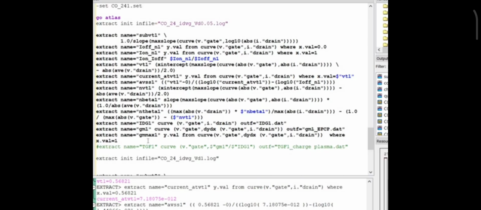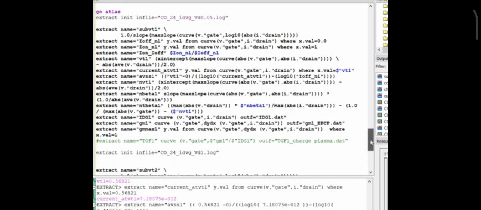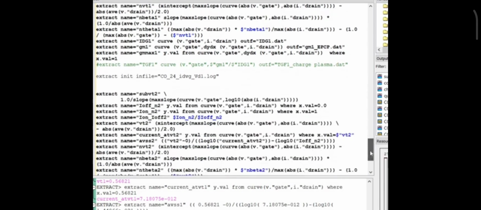Next, the maximum value of the transconductance you will find out by using this formula. The same formula I have also applied for when the VDS voltage is 1 volt. That is this one, same formula.